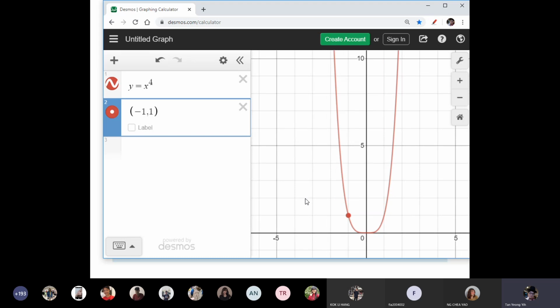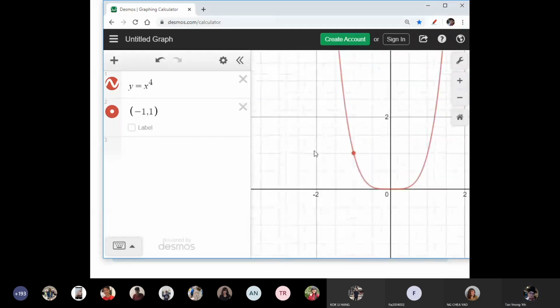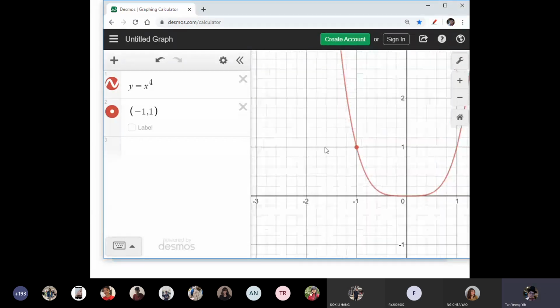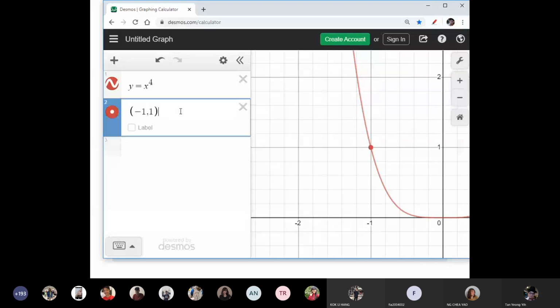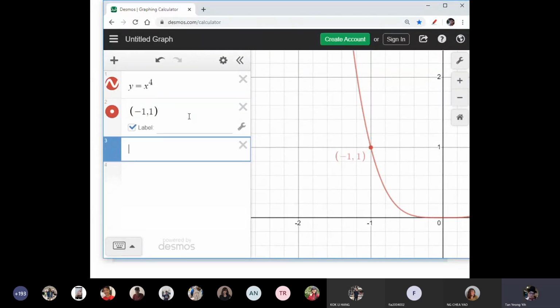For this point, we want to find the slope of the tangent. According to the differentiation, we get the slope is -4. So we put a -4 here. We move this line to this.